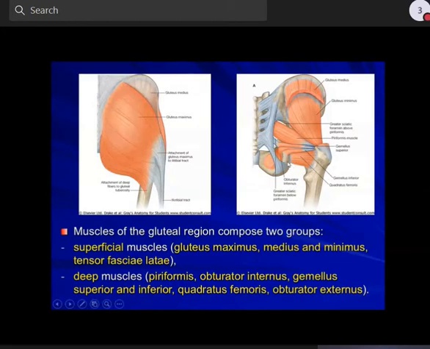Apart from this, the obturator externus supports the femoral head and neck. So it supports both the femoral head and neck, especially when the femur is being abducted.